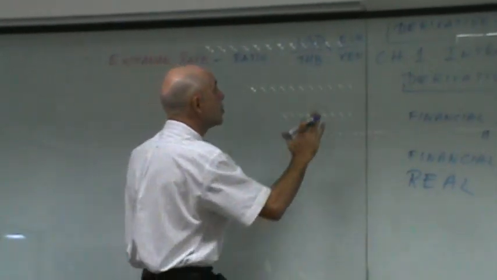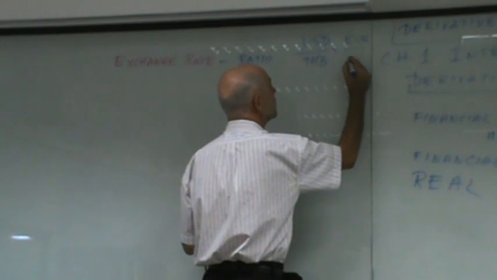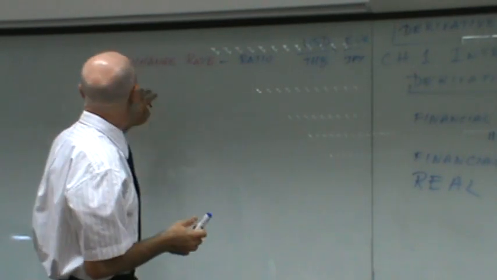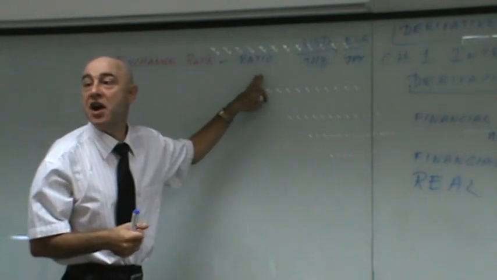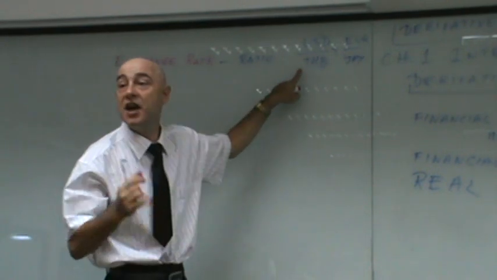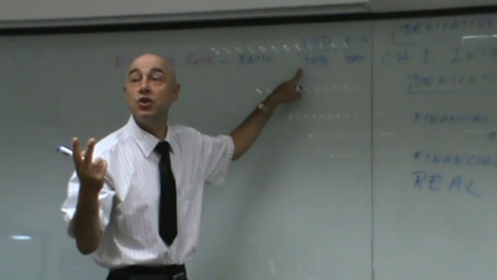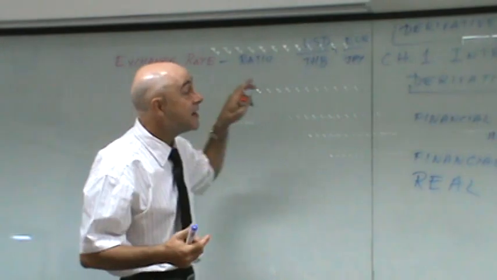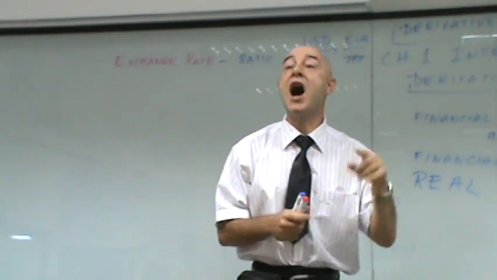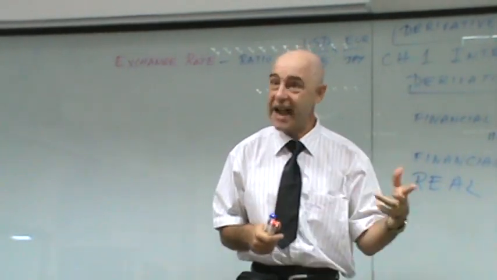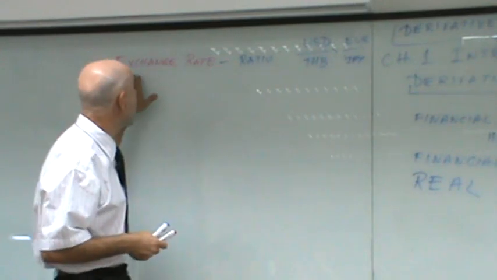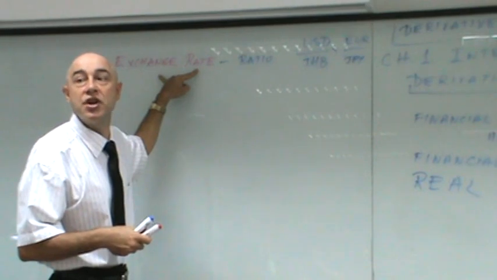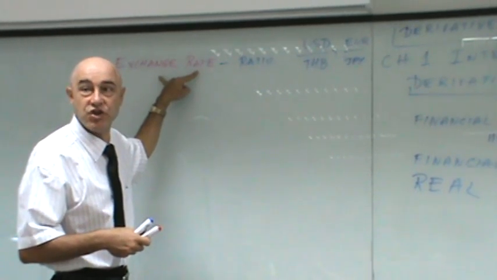Yen we usually write as JPY. So, an exchange rate is the ratio between two currencies. And currency derivatives are derivatives that derive their value from a particular exchange rate.